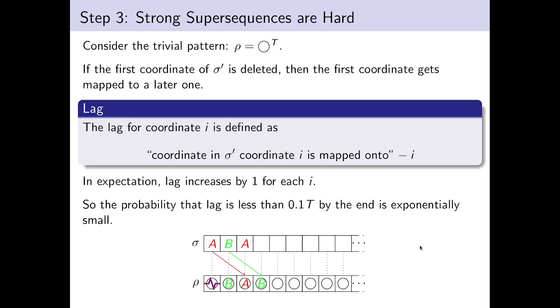And so therefore, we get that the longest prefix of sigma for which sigma prime is a strong supersequence is going to be about 90% of sigma, which is how our analysis is going to proceed. It's going to be looking at this lag and claiming that the lag is very big by the end, to the point that we run out of coordinates.